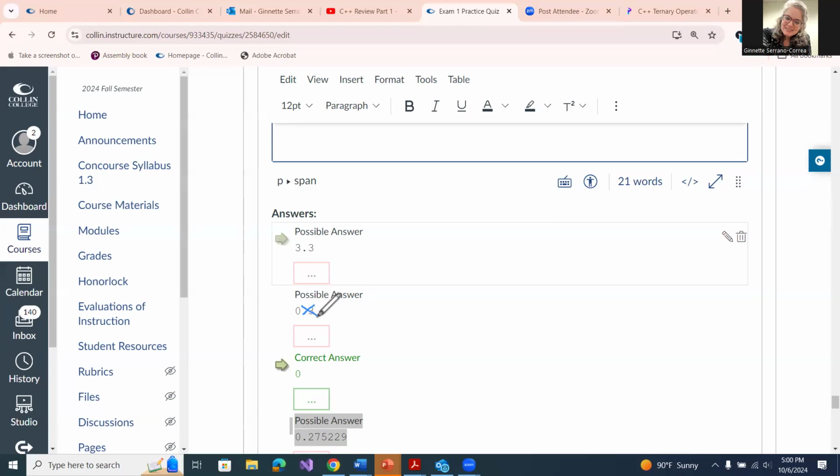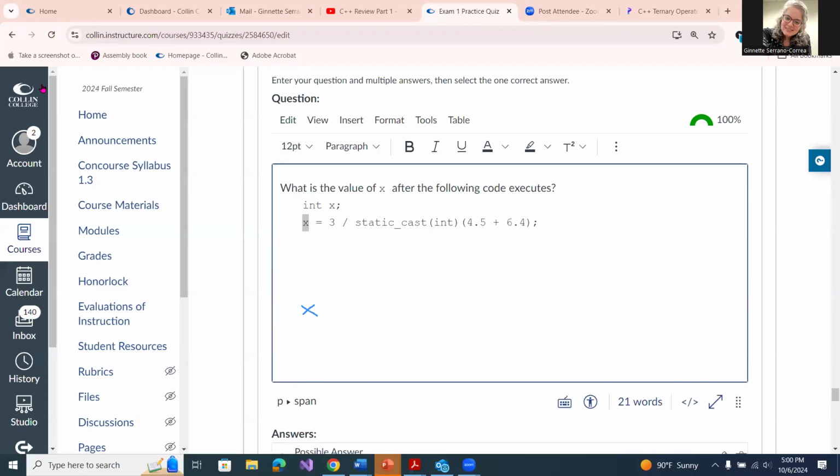Once it drops that decimal, we just get 0. So 3 divided by 10 is 0.3 in programming, but this is integer divided by integer. So the 0.3 gets dropped and we just get a 0. So x equals 0. That's the answer.